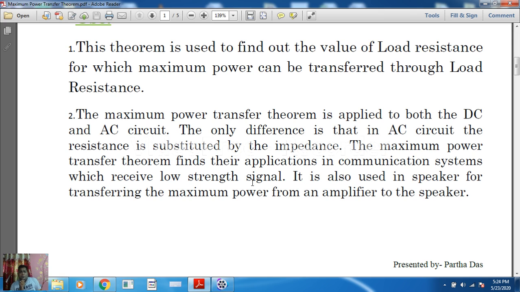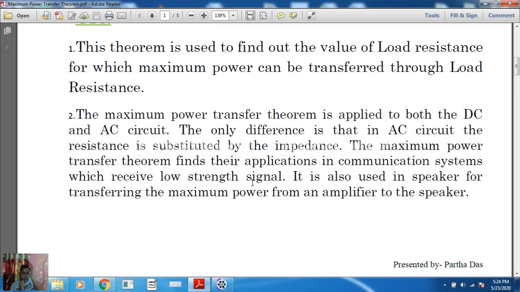The circuit has some resistance value, and at some point we have to receive some signal. There is a variable resistance, and when the resistance value of that circuit is equal to the signaling circuit resistance value, at that time there will be a signal transfer.